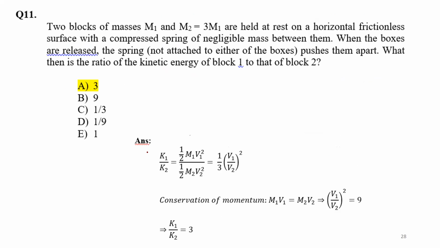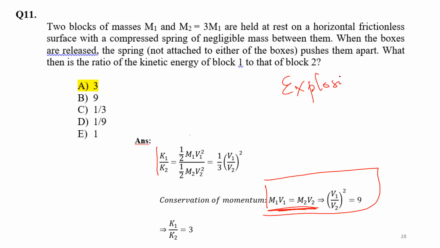So this problem is important because it's like an explosion, but I am taking a spring as a model for explosion. So have a look at it. It's really beautiful, especially this part. This is easy, but in this part, you have to know that I have conservation of mechanical energy, because this is just a kind of model for explosion.